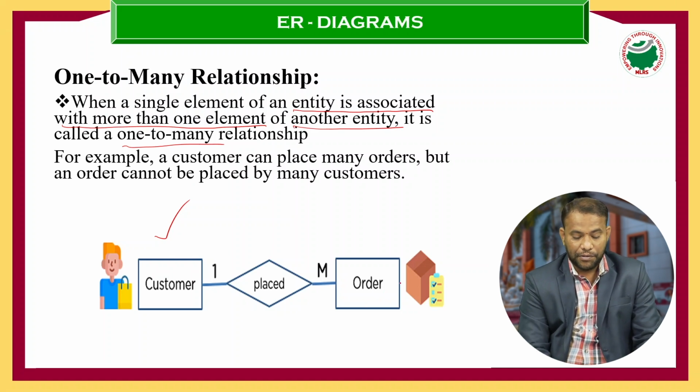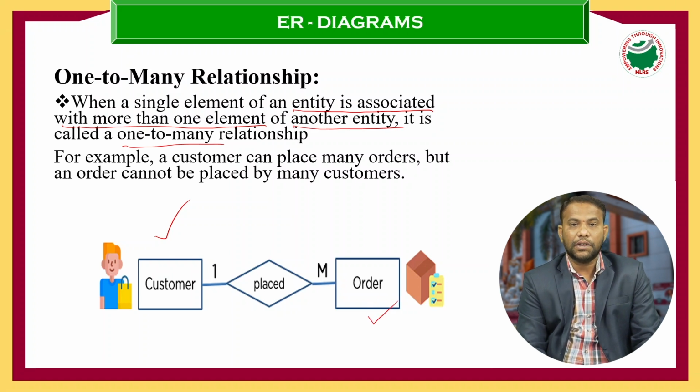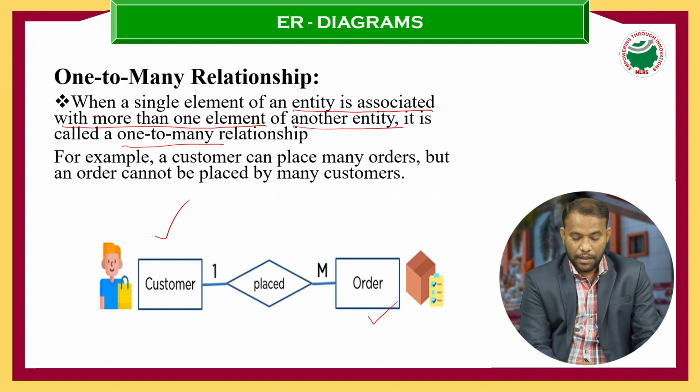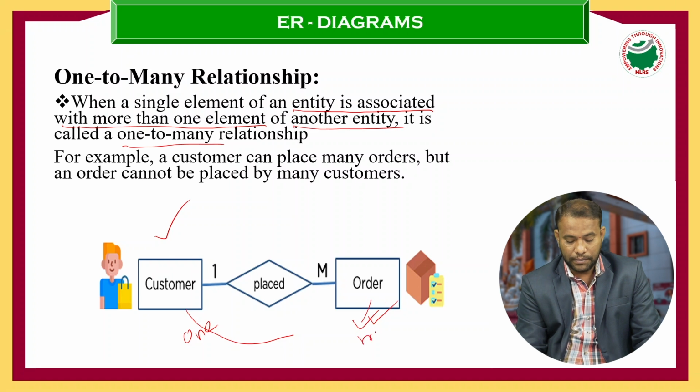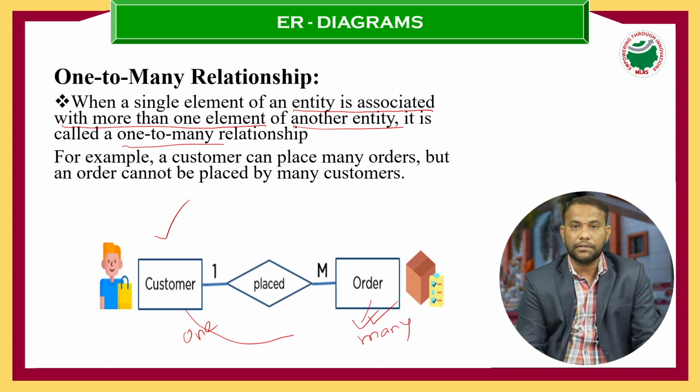For example, if you see the customer, customer is only single, but orders are many. Suppose you log into Amazon, a customer can place multiple orders, means customer is one, whereas orders are many. Such situations are called one to many relationships.